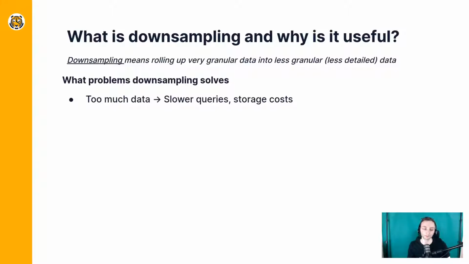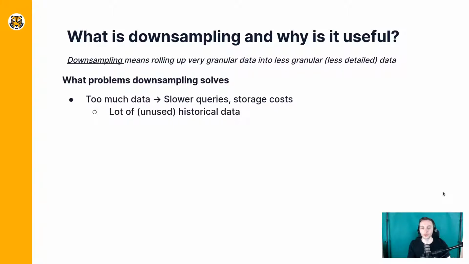Maybe you have a sensor that is recording data every second, or even every minute. In the case of stocks, for example, it's fairly normal to record stock prices every minute for a lot of different symbols, and over time it adds up, and it's just a lot of data to store.